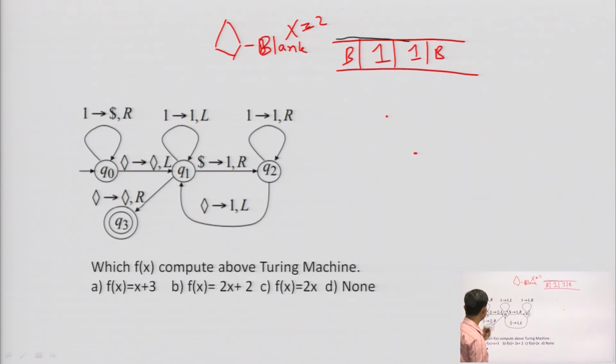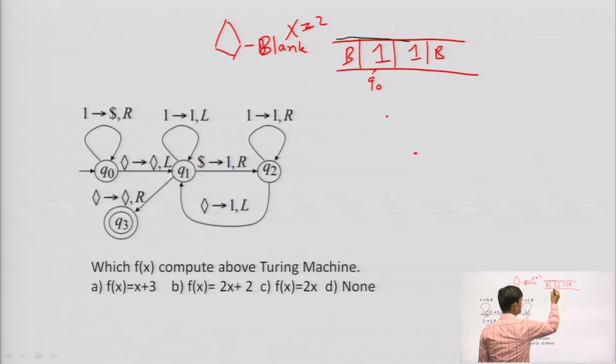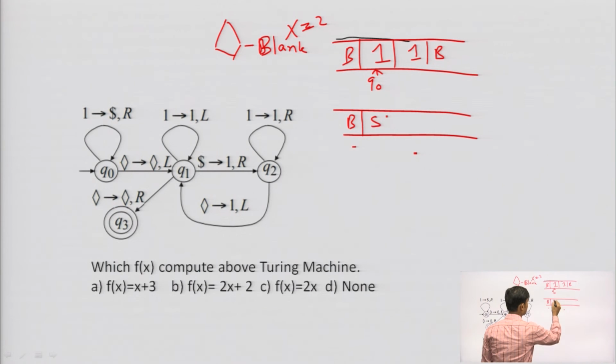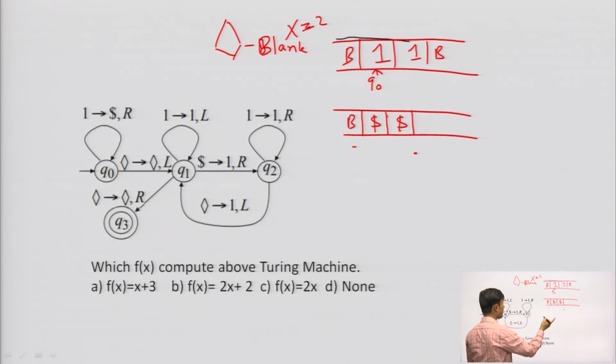You can see here, for all 1s you have to make it dollar and move right. So q0 points here, and on 1 you convert it to dollar and move right. Then if a blank is there, you go back to the left.